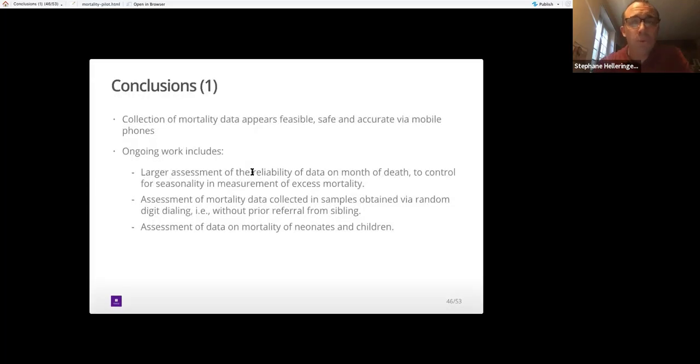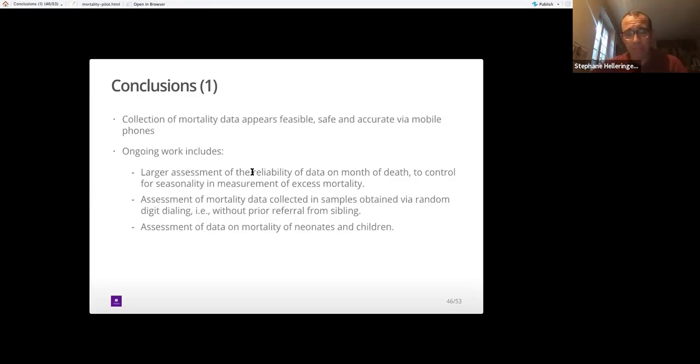So in conclusion of our trial here, the collection of mortality data appears feasible, safe and accurate via mobile phones in low and middle income countries. We're doing additional work at the moment to try and assess the reliability of data that we collect on months of death, for example, to control for seasonality, measurement of excess mortality.